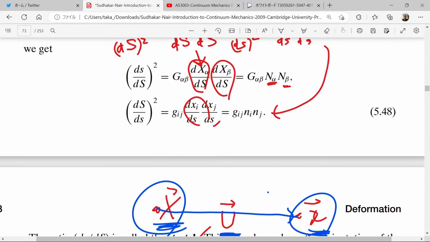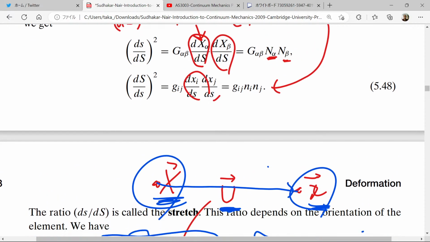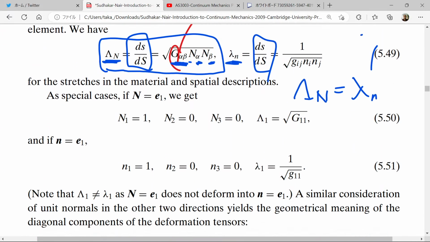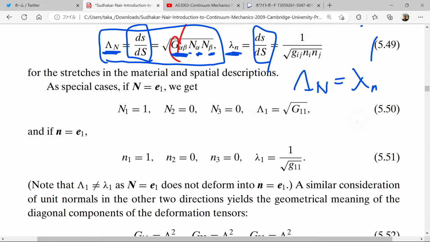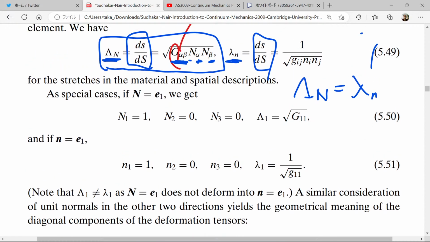For the stretches in the material and spatial description, as special cases, if large n equals E1, we get N1 equal 1, N2 equal 0, N3 equal 0.